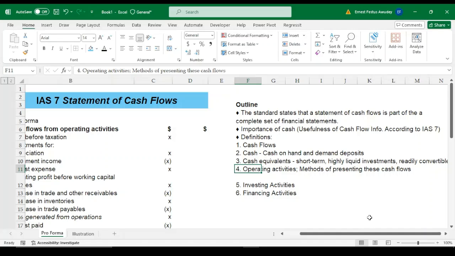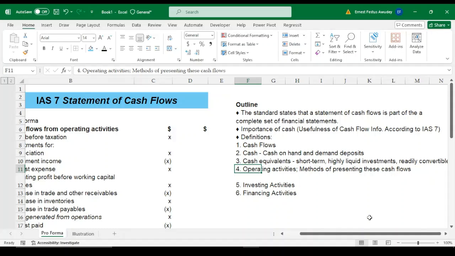Now, when it comes to cash flows, they are usually grouped into three. We have cash flows from operating activities, cash flows from investing activities, and cash flows from financing activities. So you are going to look at them one after the other.